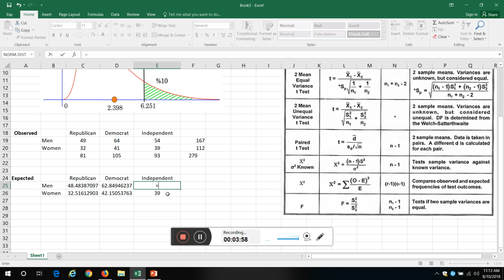Independents. 93. Equaling 93 divided by 279 times my total number of independents, 160, or times the total number of men. Okay, and I do the same for women.